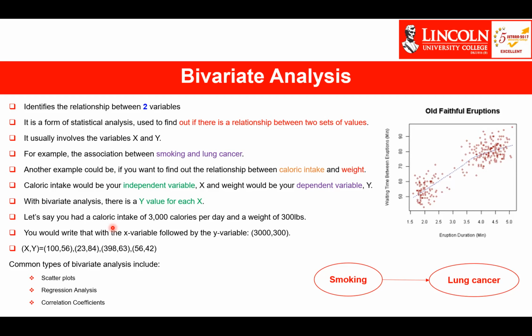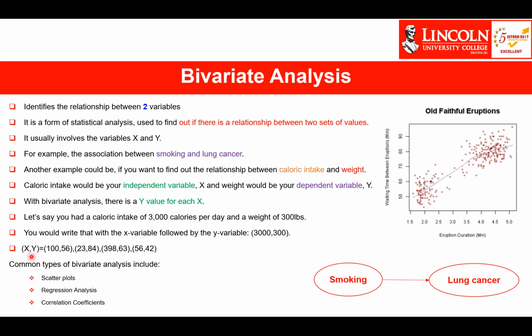So let's say you had a calorie intake of 3,000 calories per day and a weight of 300 pounds. You will write that with the X variable followed by the Y variable: 3,000, 300 pounds.